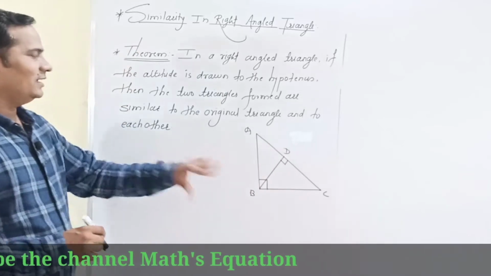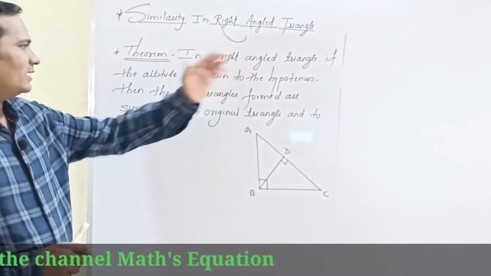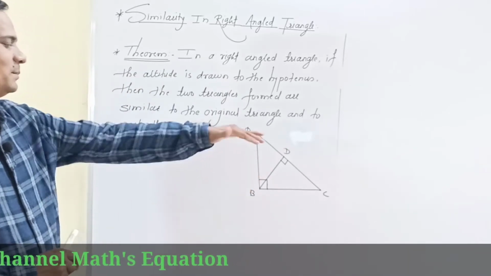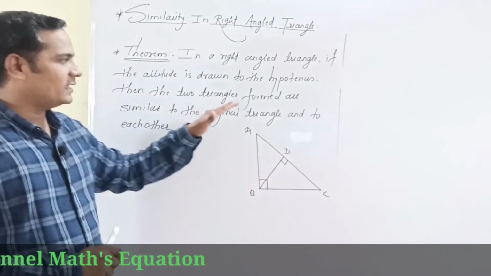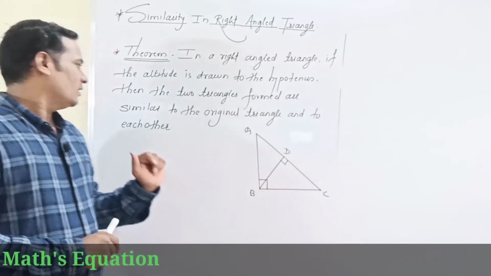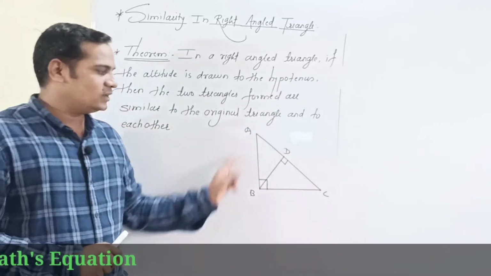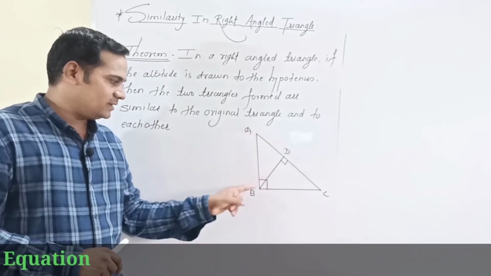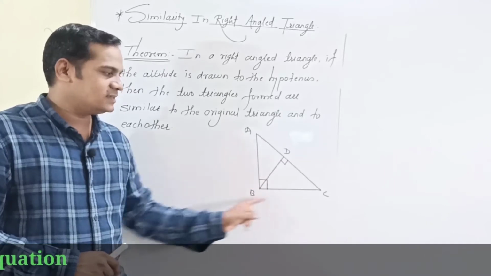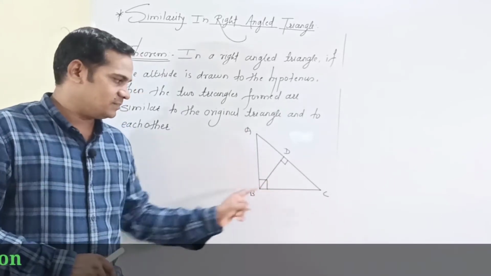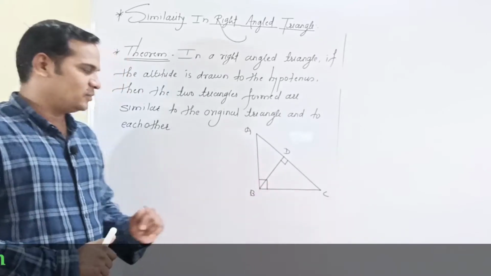So that theorem is, in a right angle triangle, if an altitude is drawn like this to the hypotenuse, then the two triangles formed are similar to the original triangle. That means this triangle ADB is similar to triangle ABC, and this BDC is similar to triangle ABC also. So we have to prove this one.